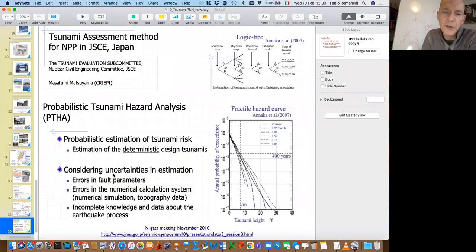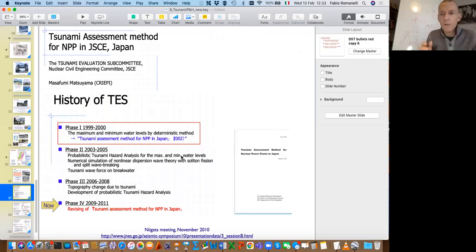But the message here is that Japan spent more than 20 years on tsunami hazard assessment, with all the available methods, advanced, at the frontier, probabilistic and deterministic.